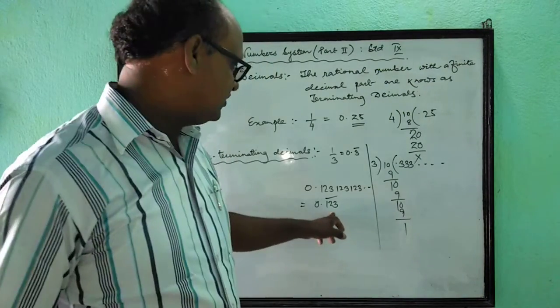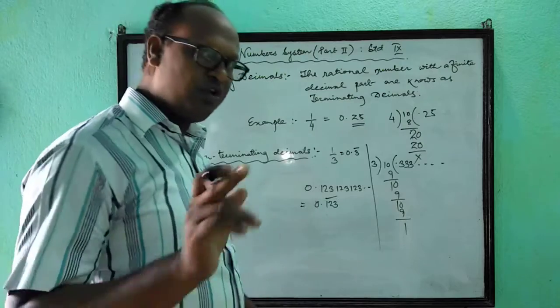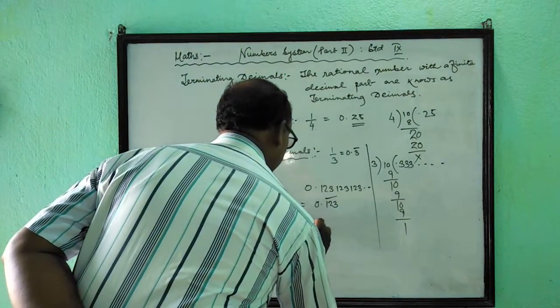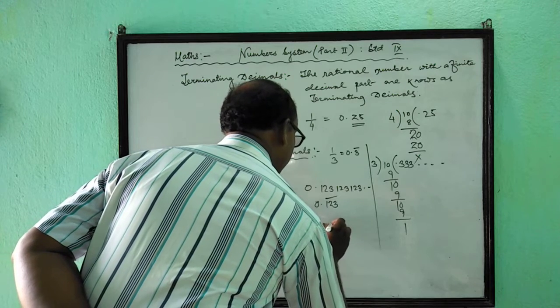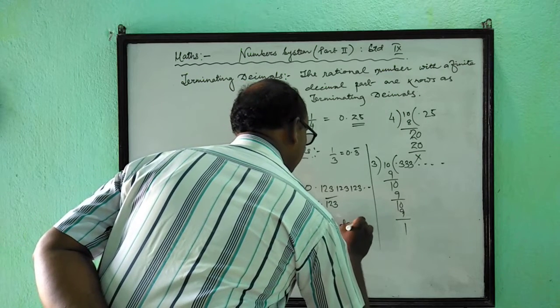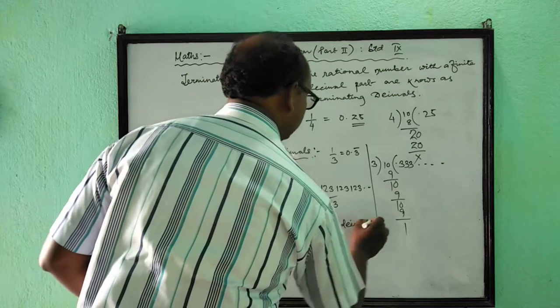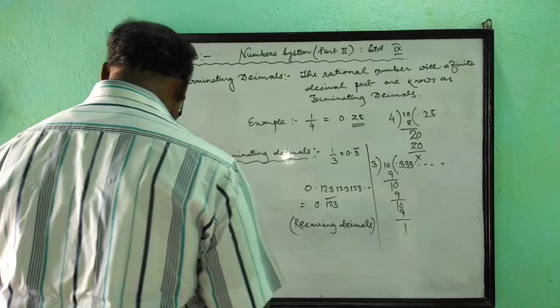This result is also called a recurring decimal.